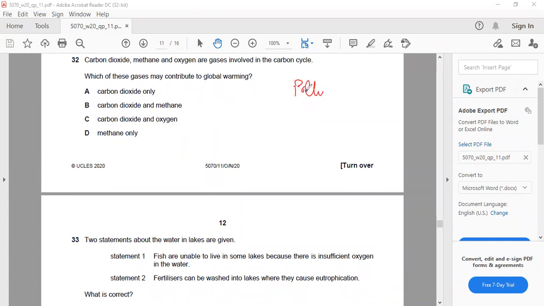If you have not revised pollution, then revise it. Carbon dioxide, methane, oxygen, other gases involved in the carbon cycle. Which of these gases may contribute to global warming? Obviously carbon dioxide and methane, not oxygen. A is wrong. B is the answer. It's a very straightforward question. I don't think there's any confusion here.